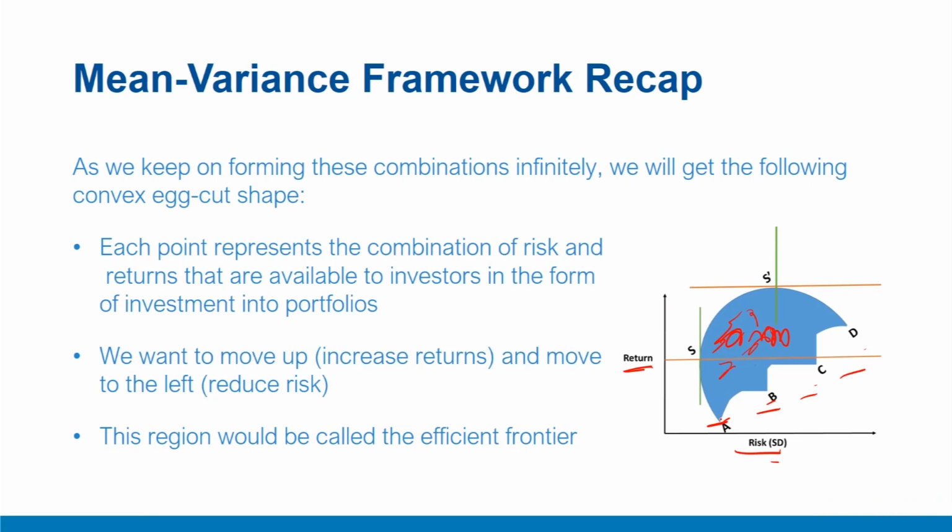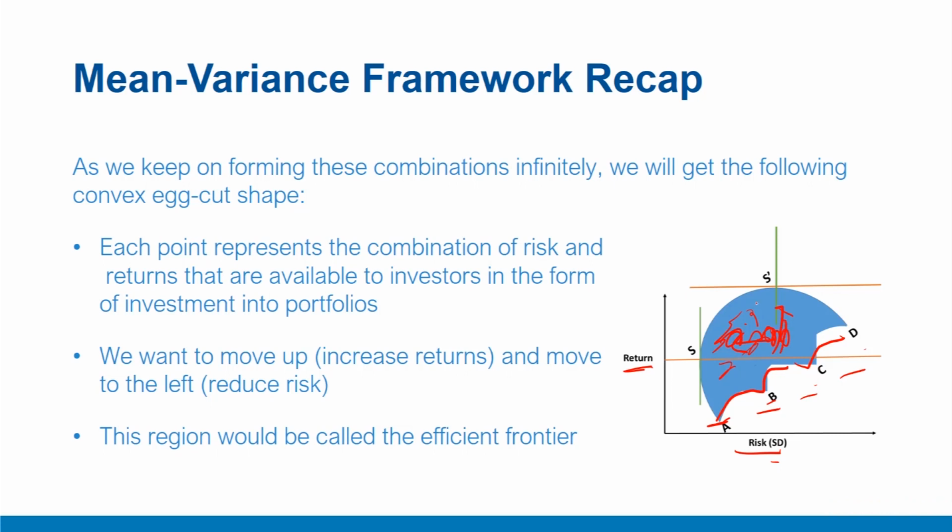This feasible region is represented by this egg kind of shape, and each point here represents a combination of risk and return that is available to investors in the form of portfolios. Now, how do we improve our position in this feasible region? We can either go up or we can move left.